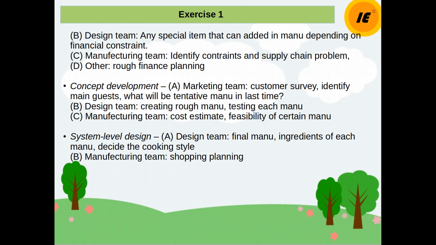And in the next stage, which is called system level design, we get more focused on certain product ideas. And here, of course, it will be the menu, starting from maybe some rice, some lentil, etc.